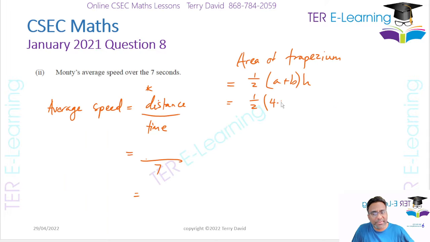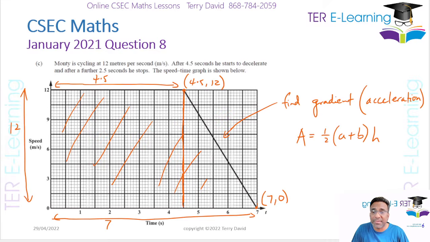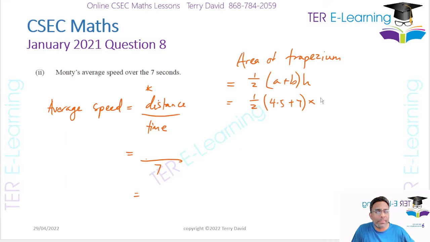So that's 4.5 plus 7, and you're multiplying that by your height, which in this case was 12. So when I work that out, let's add 4.5 plus 7. I'm going to get 11.5 multiplied by 12 multiplied by a half, and I'm going to get 69. So this here is 69 meters.